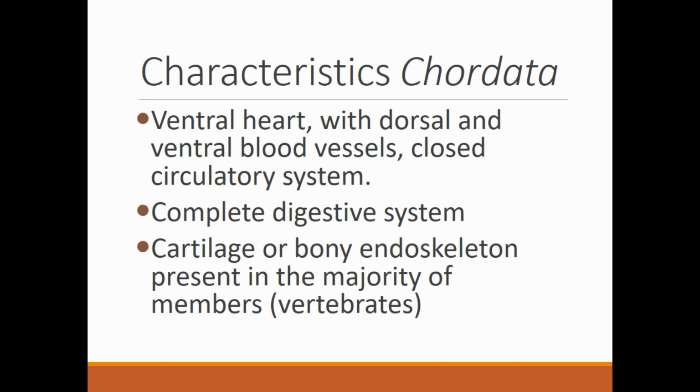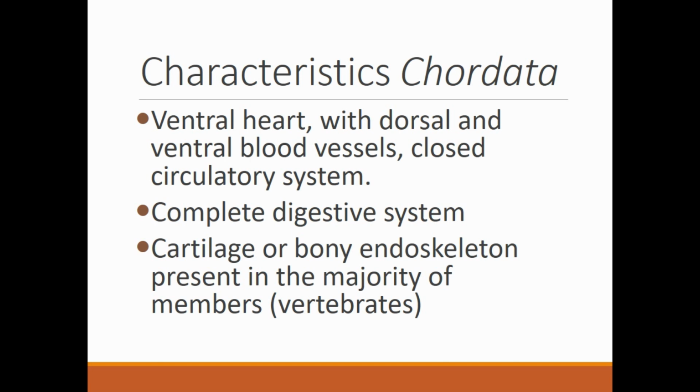Okay, so as we develop, our skeleton starts off as cartilage, and it will later develop into bone. But some chordates, such as sharks, for example, their skeleton remains cartilage their entire lives, whereas ours is cartilage and grows into bone.